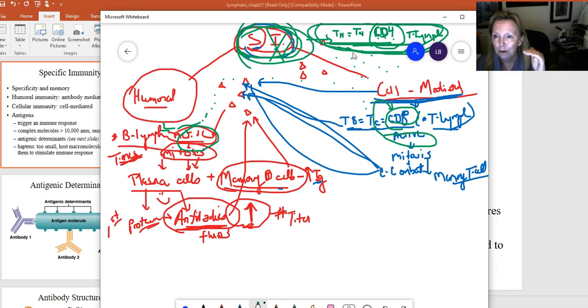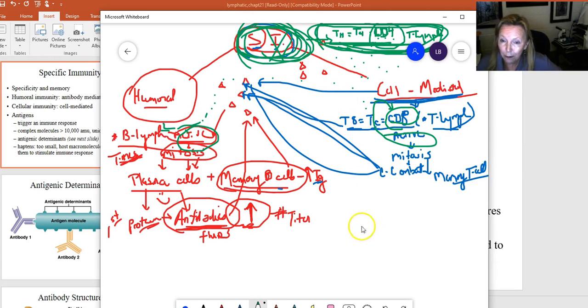Acquired immunodeficiency syndrome, AIDS. AIDS is caused by a virus called the Human Immunodeficiency Virus. The reason that virus is so devastating to the immune system is that it specifically attacks these very important helper T cells that our entire specific immunity hinges on. So this is why that's so devastating.